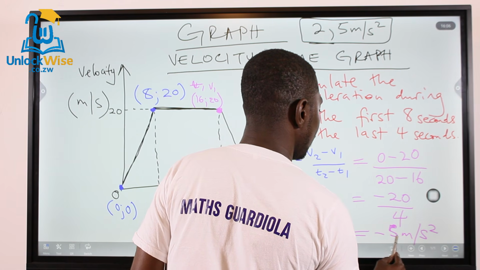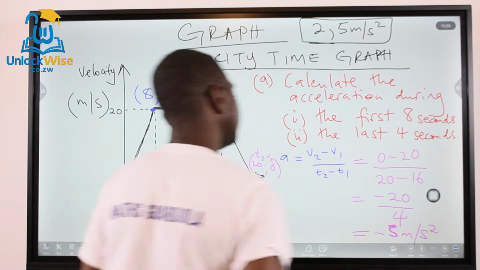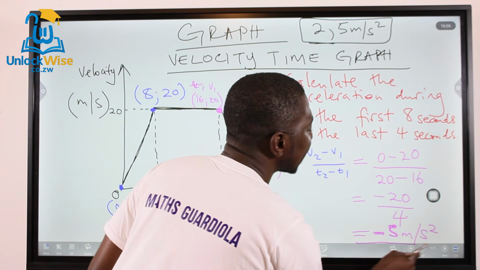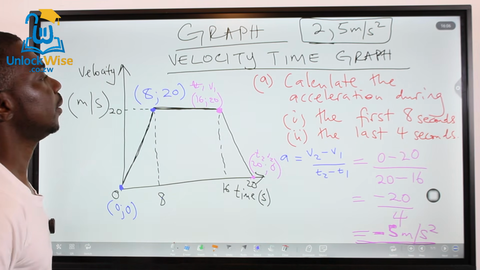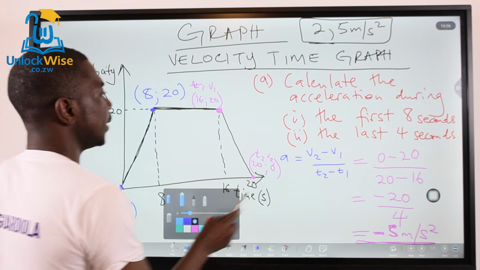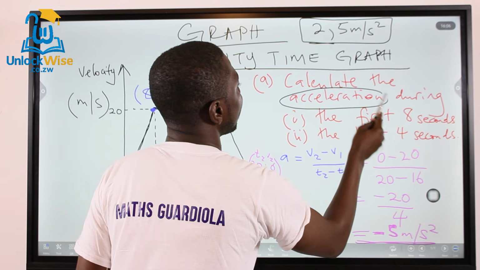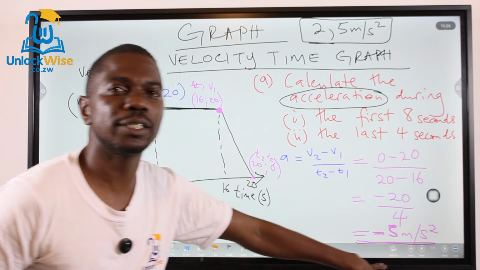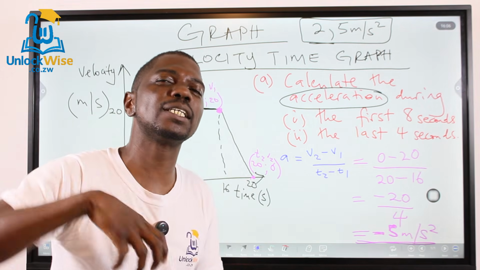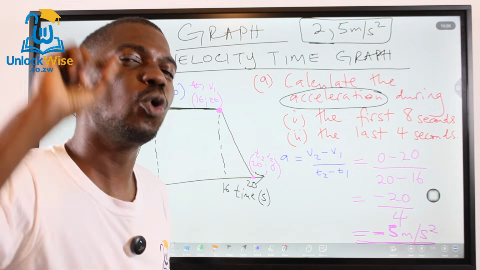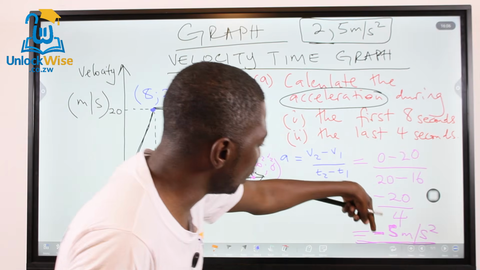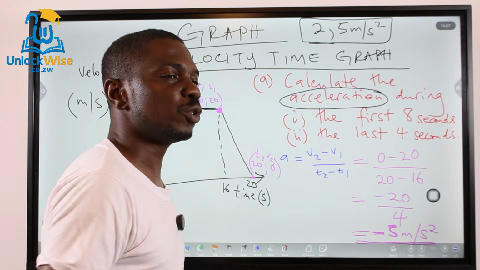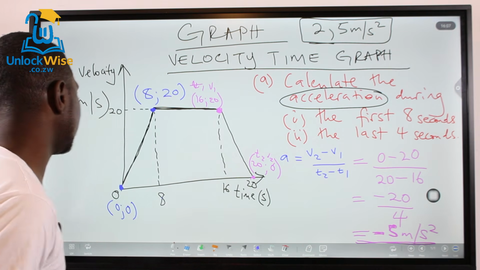Right. What I want you to understand here is if you are asked, is acceleration, like in this case, then you write it as minus 5 meters per square second. But if you are asked is deceleration or retardation, you remove the minus sign and you write it as 5 meters per square second. Let's hope you are understanding that part.